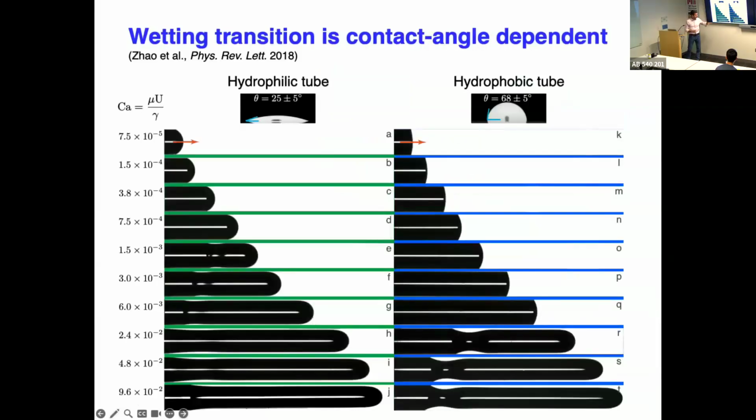So experimentally, we were interested in determining when that transition occurs as a function of wettability, and conceptually no surprises there. If you have a hydrophilic tube, you're going to start leaving a film of the wetting fluid early, at lower speeds than if you have a hydrophobic tube.